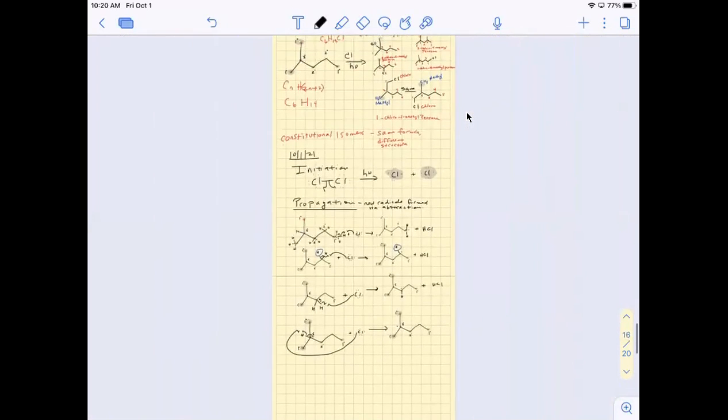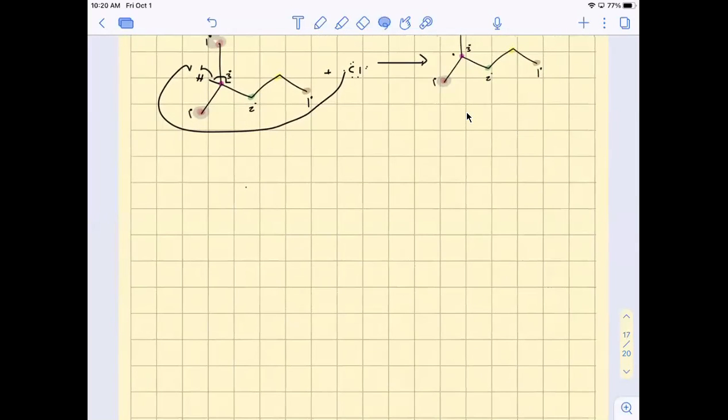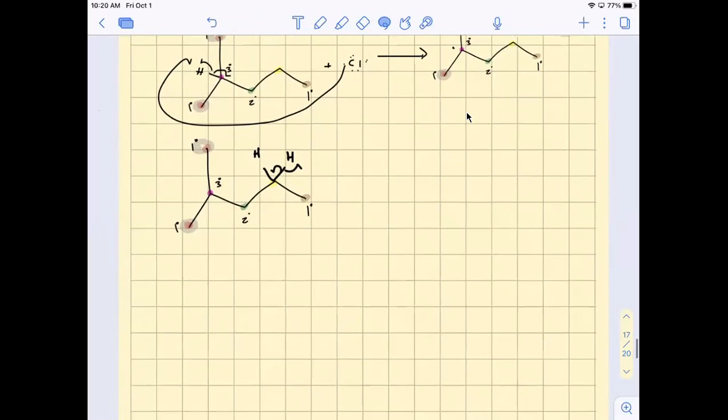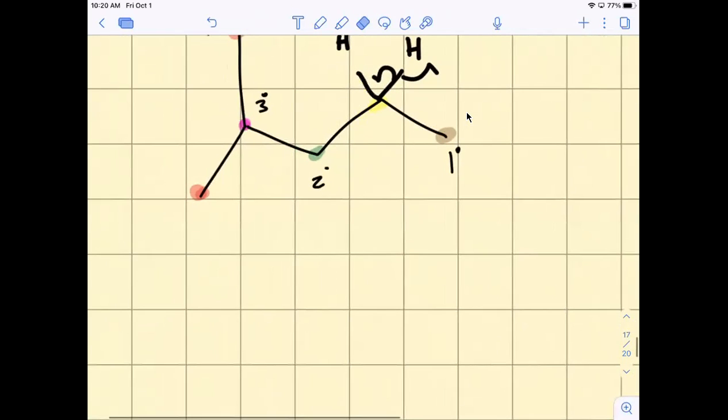And I think I made that, yes, on the bottom. So show that like that.